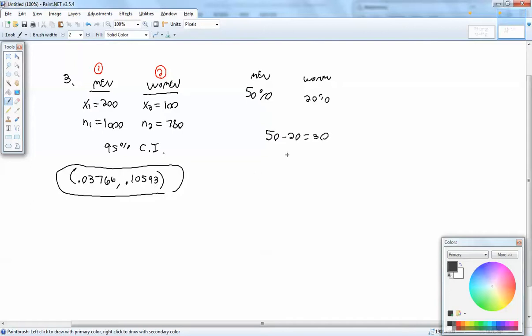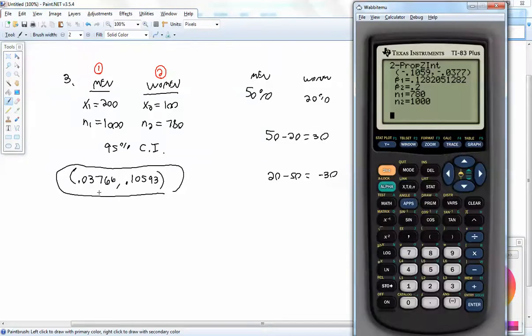But if I found a difference between women and men, we'd have 20 minus 50, which gives us negative 30. Now that's an oversimplification of the idea, because you notice that these values here are kind of flipped around. That's negative 0.1059, and this is negative 0.0377. But you kind of see the idea behind it. And that's that lesson.